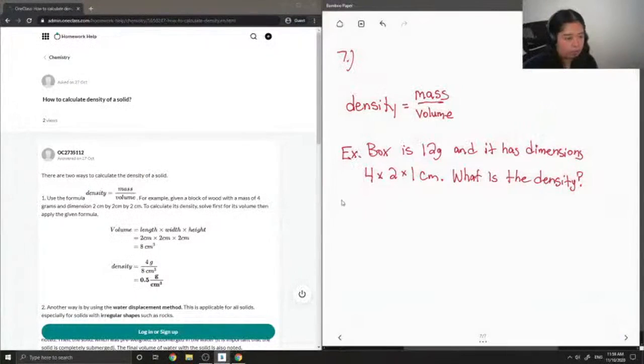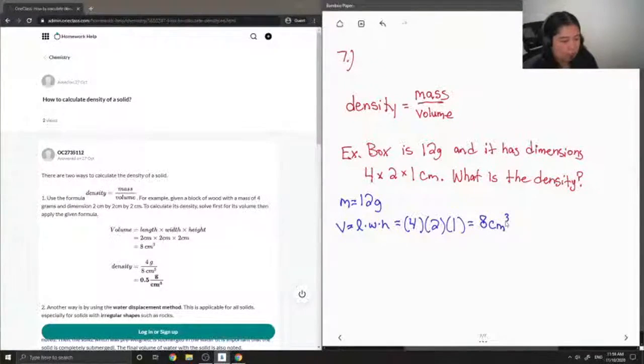Okay, so we know that the mass is 12 grams. And now I will calculate volume. So volume is length times width times height of like a box. So it'll be 4 times 2 times 1. So its final volume is 8 centimeter cubed.